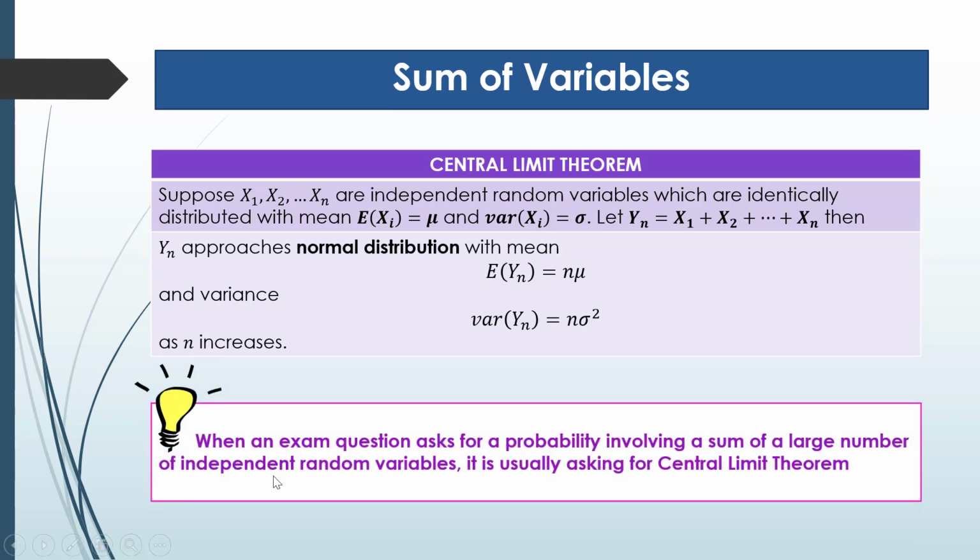And when an exam question asks for a probability involving a sum of a large number of independent random variables, it's usually asking for the central limit theorem. So this is one thing that you should keep in mind when you practice for SMP. This is extremely important.